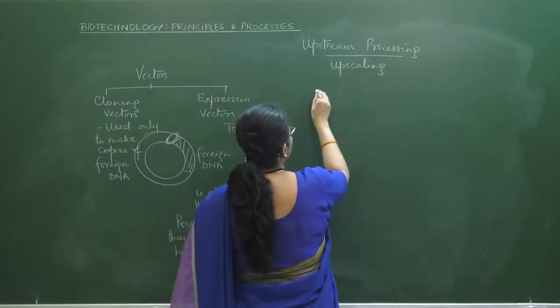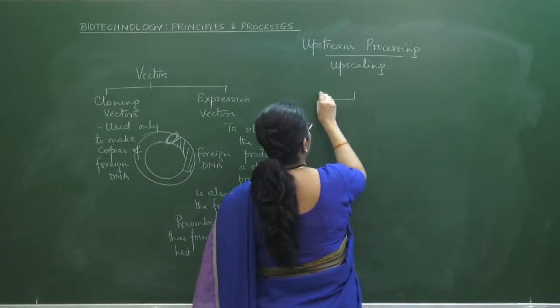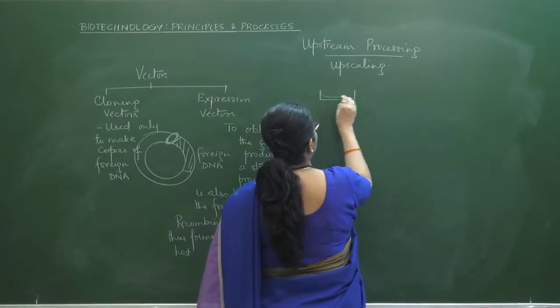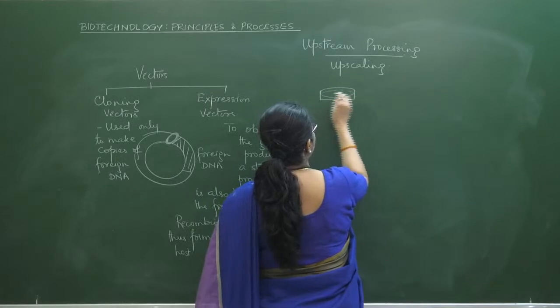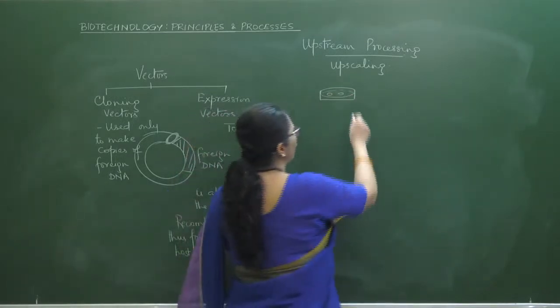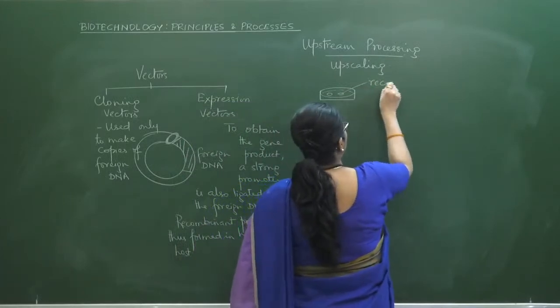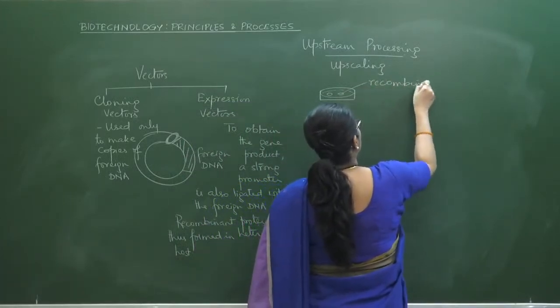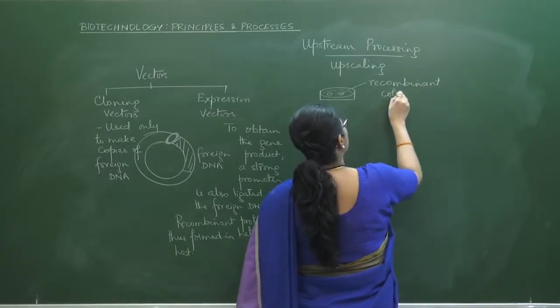Now in this, you see, we started with getting the bacterial colony on a petri dish. So here was your recombinant colony on a petri dish.